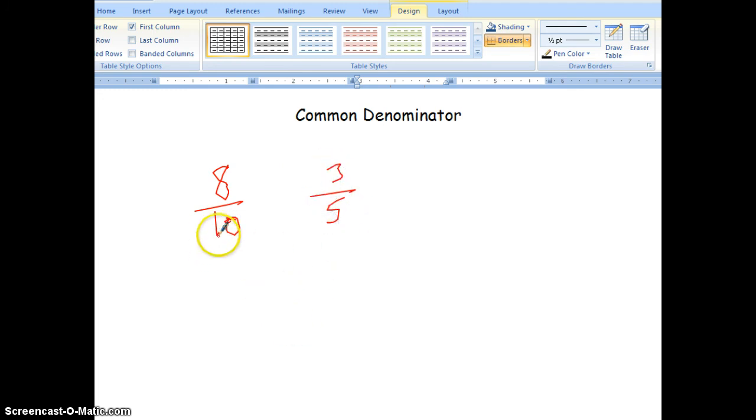Well, my least common multiple of 10 and 5 is 10. So I would just have 10, and 8 stays the same because 10 times 1 is 10, 8 times 1 is 8. And here, 5, I'm going to make it 10. I had to multiply 5 by 2, and so 3 times 2 gives me 6, and 8/10 is greater than 6/10.